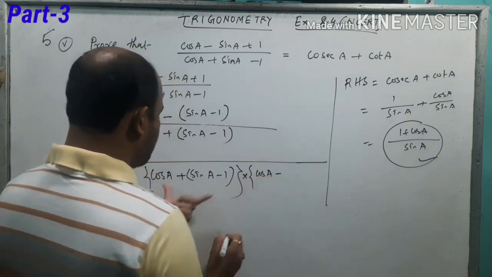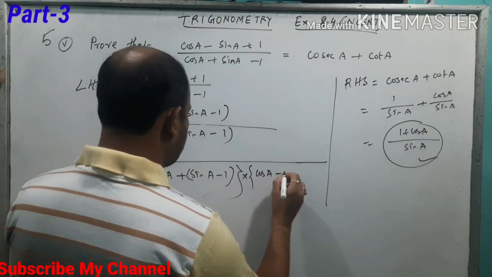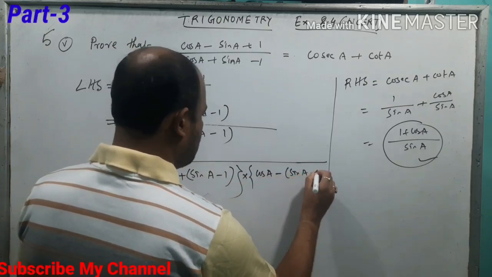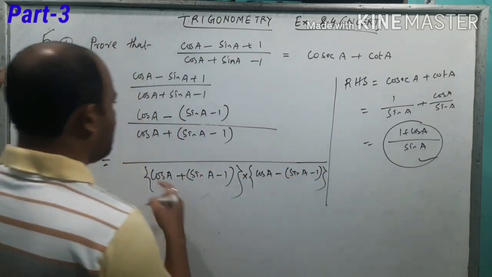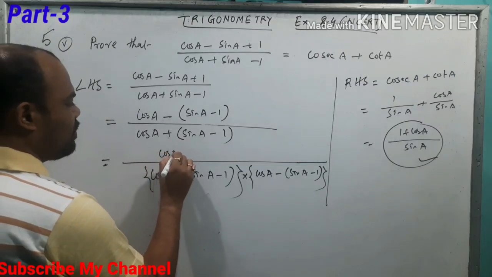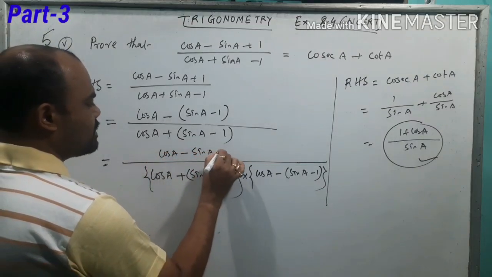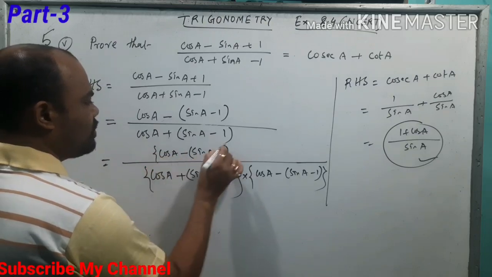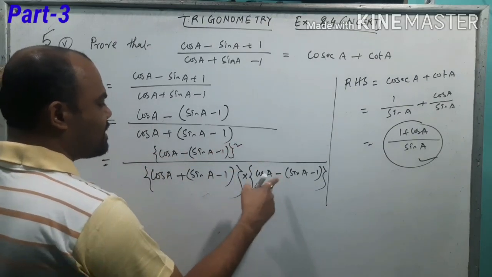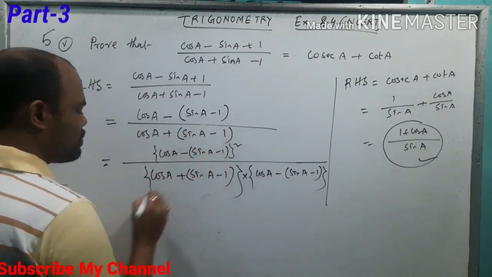Same process, multiply by the conjugate of the denominator, cos a minus (sin a minus 1). In the numerator it will be (cos a minus (sin a minus 1)) whole square, because multiplying this term, this is same as this one, so it will be whole square.